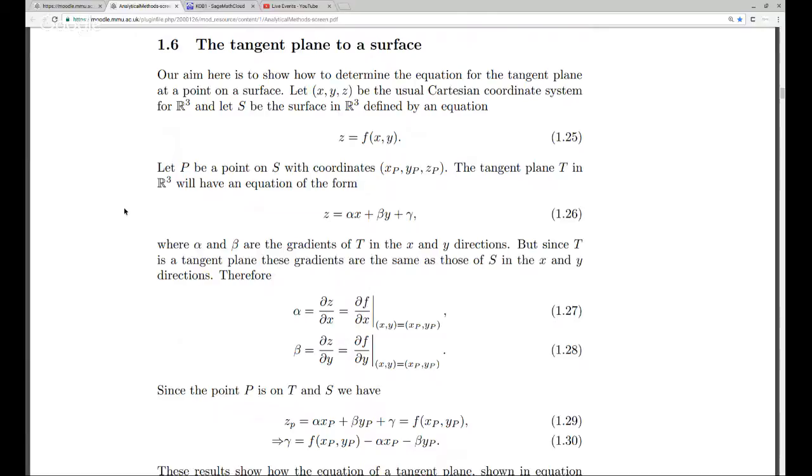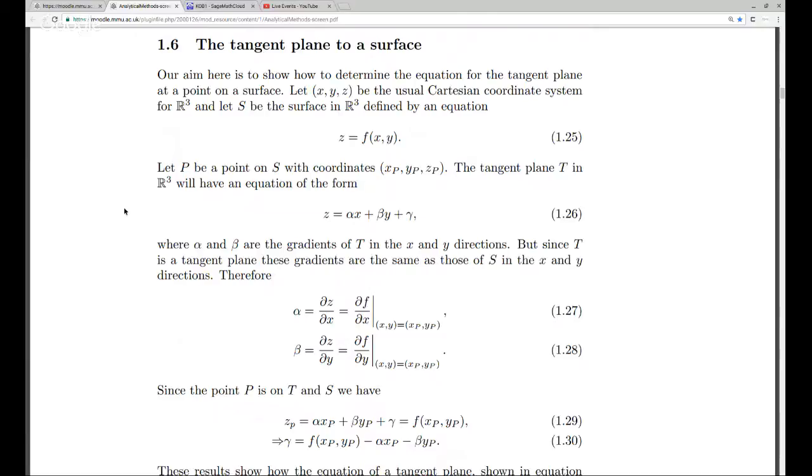You leave z on the left-hand side, put everything else over the other side, and rescale by 1 over w. So you get z equals some linear combination of x and y and a constant. Okay, we would hope to be able to find this equation, and by that we mean find the alpha, find the beta, and find the gamma, all in terms of information coming from the function f. Okay, so that's the task.